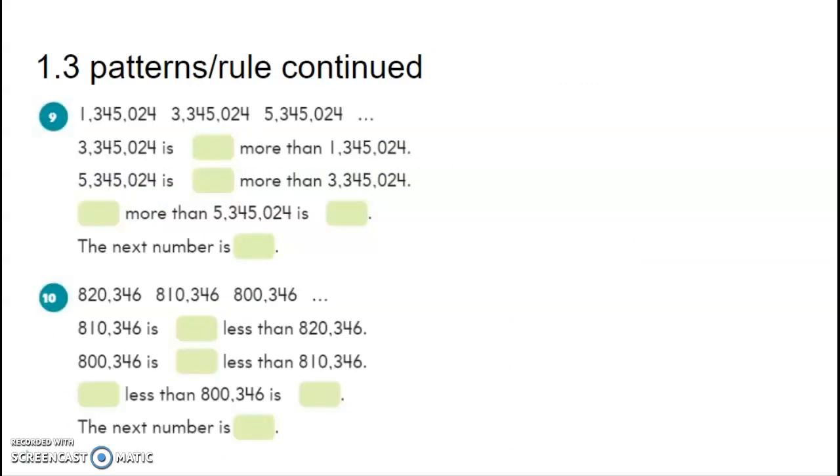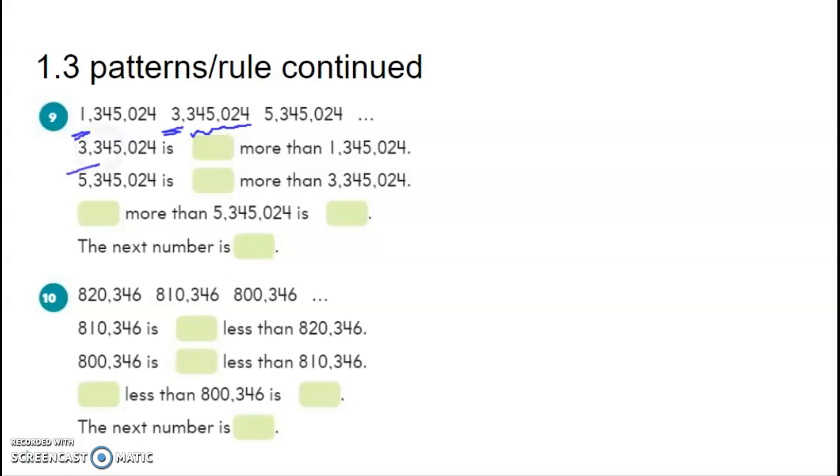Now there's some where we're going to figure it out together. So all these numbers, sometimes it can be a little overwhelming, so just look at it in parts. We have 1,345,024. Now we have 3,345,024. So notice the thousands period and the ones period is just staying the same. The only thing changing is the millions.